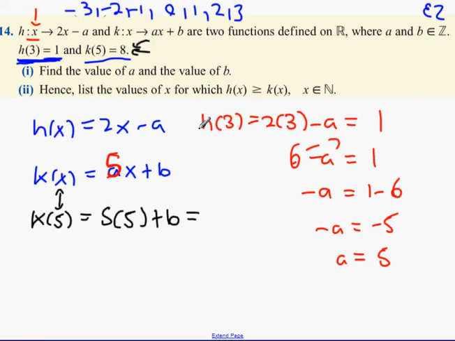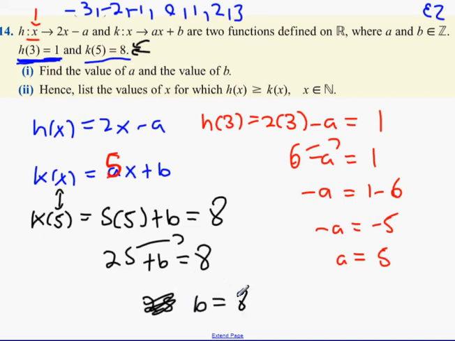What does it equal? 8. 25 plus b equals 8. So what do we do with 25? b equals 8 minus 25. b therefore equals, anybody? Minus 17. Now, if you look at this question, it's going to be 2x.